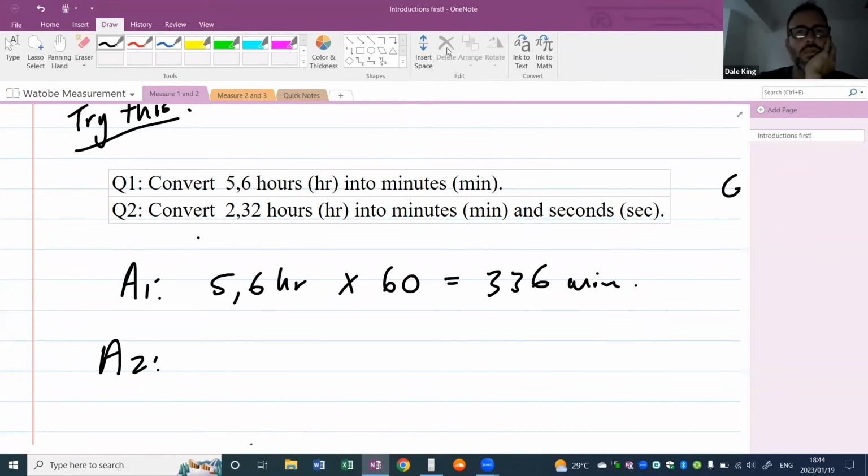So they've got the answers for the second one already. Ah, we've got decimals there. Interesting. I'm sure this answer is going to change in a short while. 139,2.